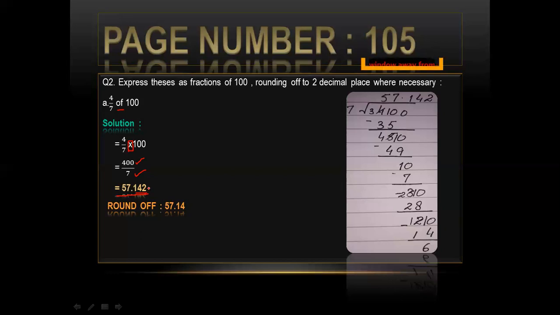In 57.142, on the thousandths place, 2 is there. It means that 4 will not be changed, and our answer will be 57.14, because 2 is less than 5.